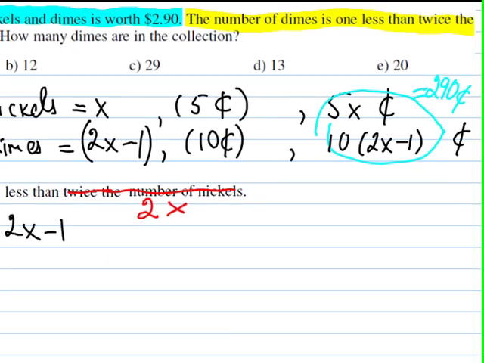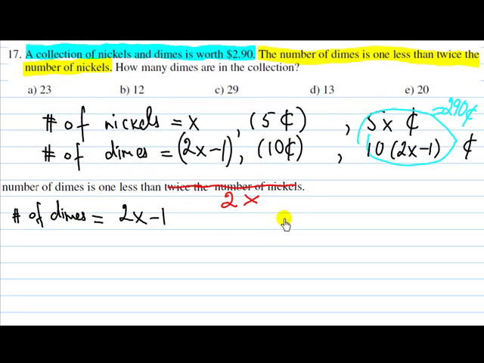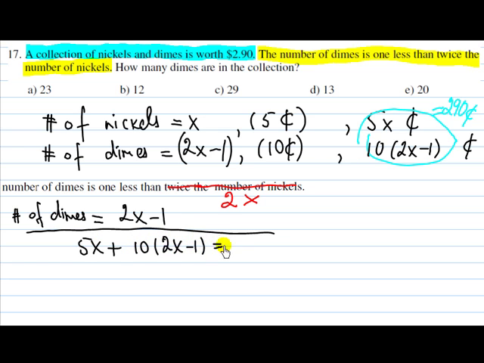Now the equation, the total of those two, means 5x together with 10 times 2x minus 1 is 290 cents.